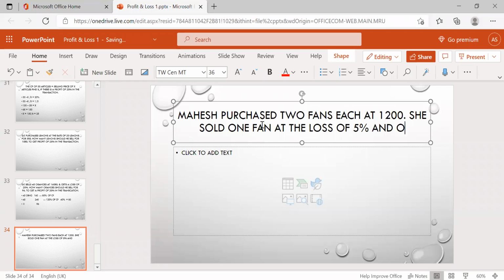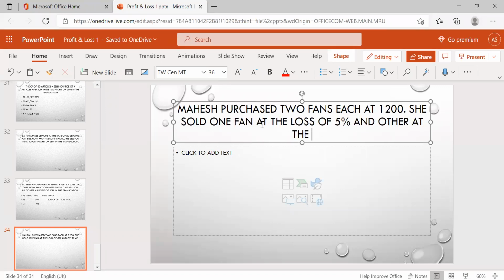and the other at the gain of 10%. So find the profit or loss in the transaction.